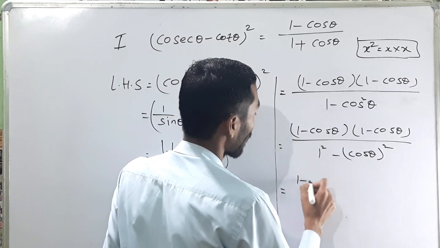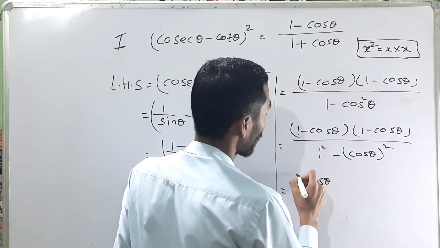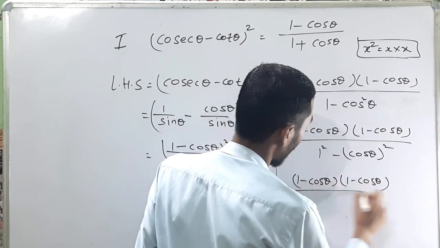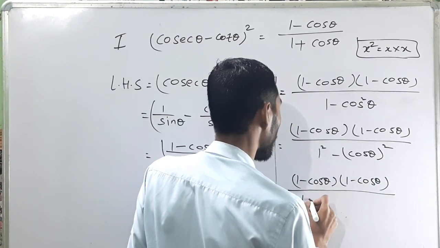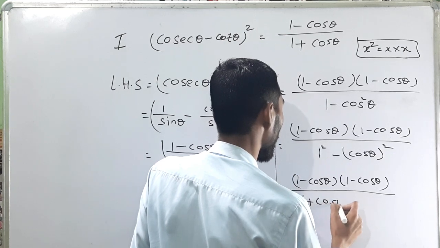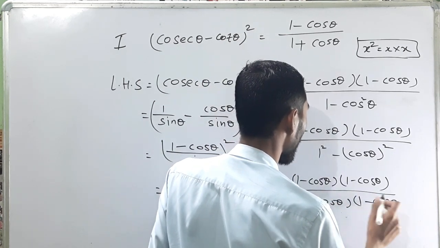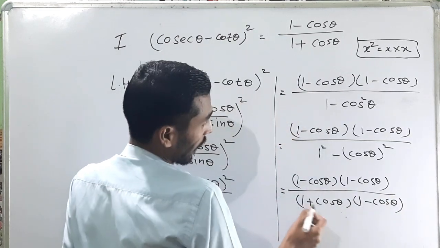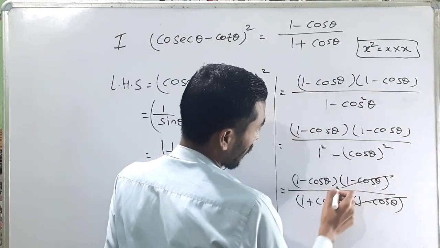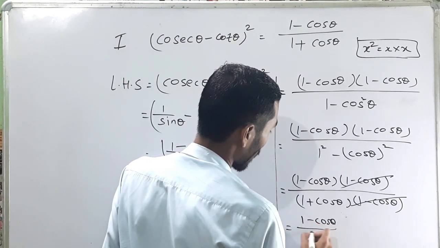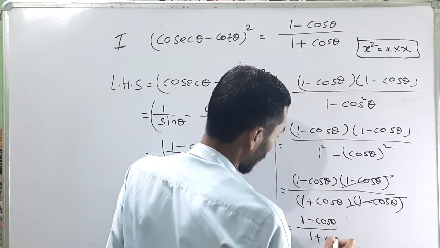That's why we can write 1 plus cos theta into 1 minus cos theta, and it can be cancelled out, giving 1 minus cos theta by 1 plus cos theta.